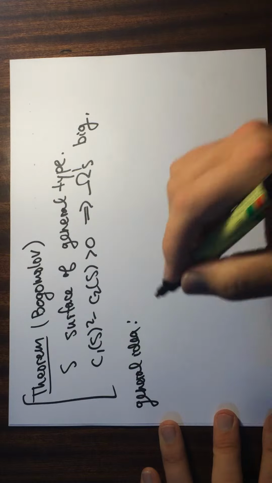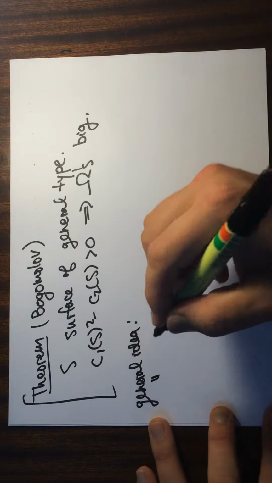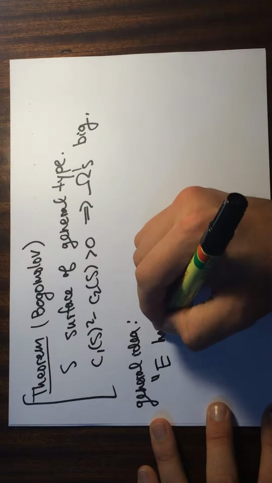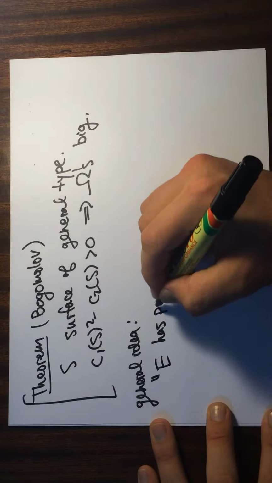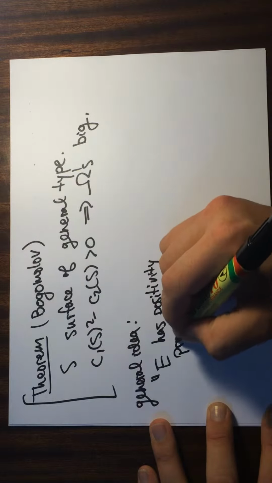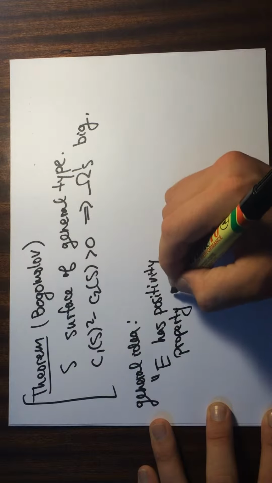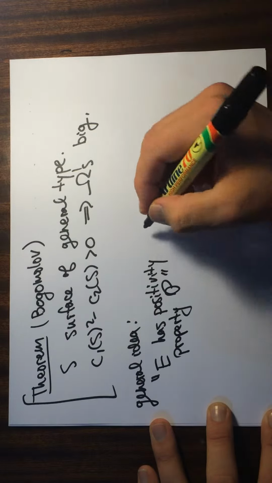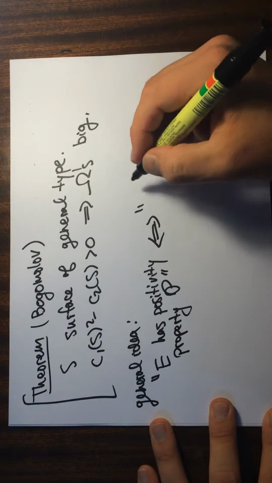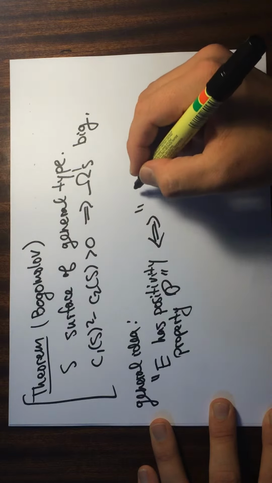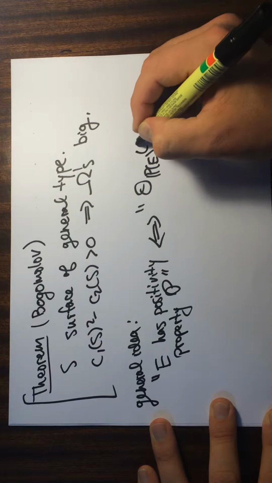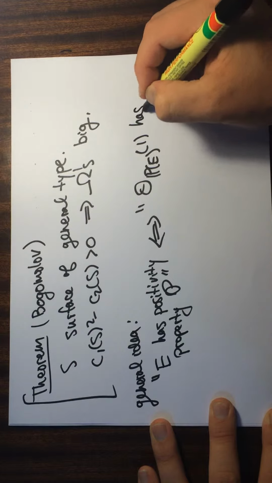A vector bundle E has positivity property P if and only if the line bundle O of 1 on the projective bundle associated to E has property P.